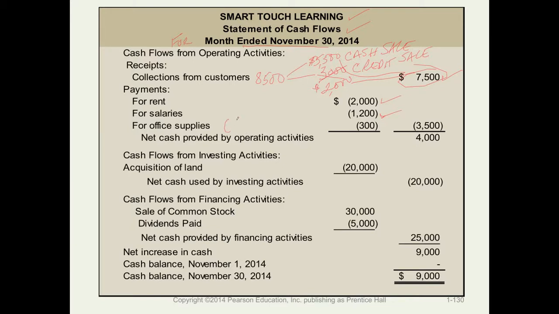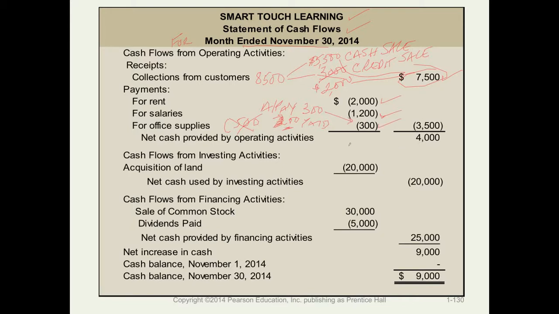Office supplies, we had 500 purchased on account, but we paid 300. So accounts payable was paid 300. Make that clear, okay? And that's why that shows up.